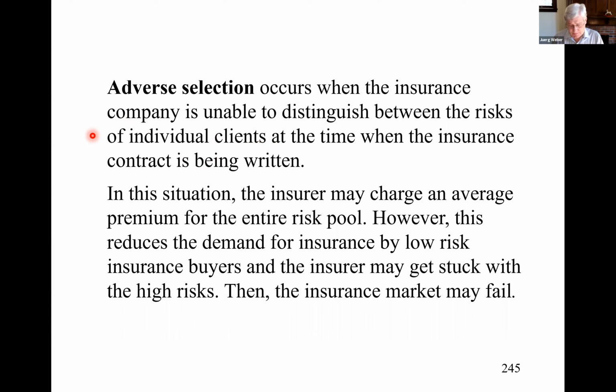The insurance company tries to find out whether you are healthy or not. They will ask you a question, but they will not know everything about you. In this situation, the insurance company may charge an average premium for the entire risk pool. By a risk pool, I just mean all the clients.